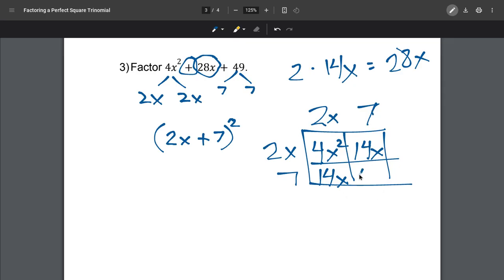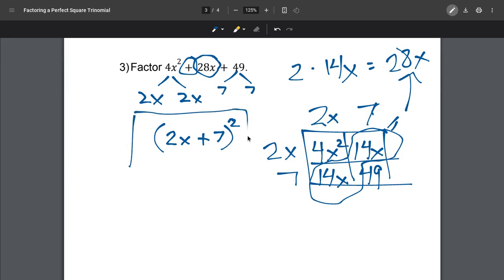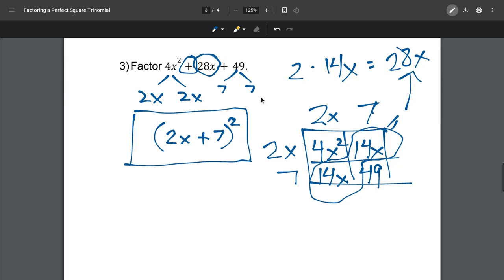And 7 times 7 is 49. These two terms add to that 28x. So we've got 4x squared plus 28x plus 49. So this is our correct factored form. Okay, let's try one more.